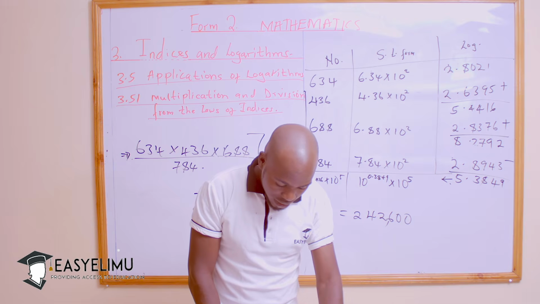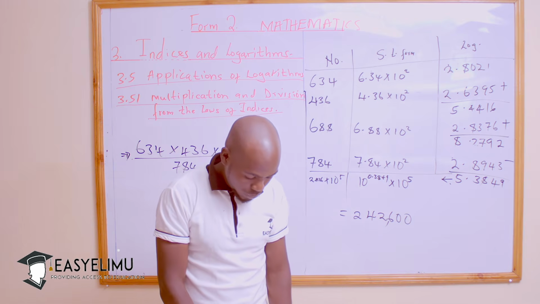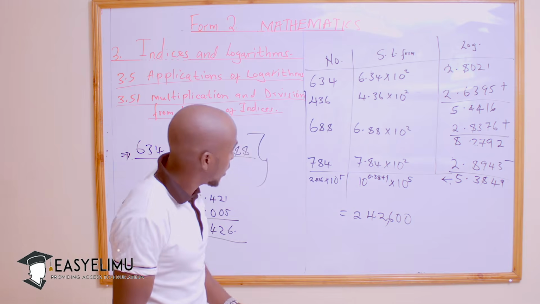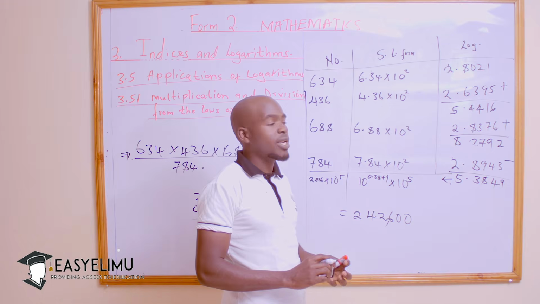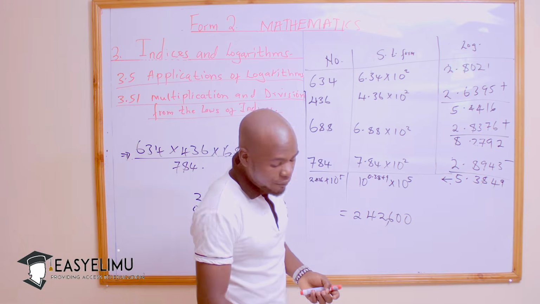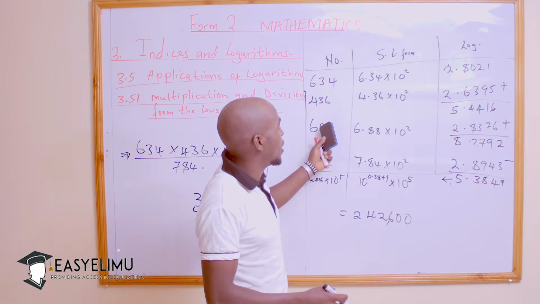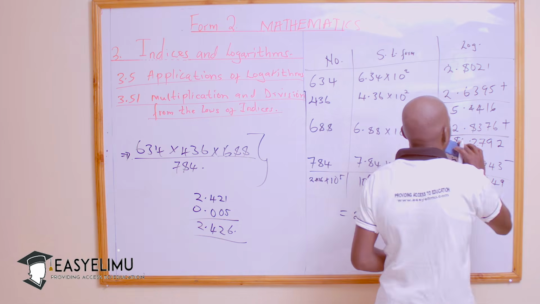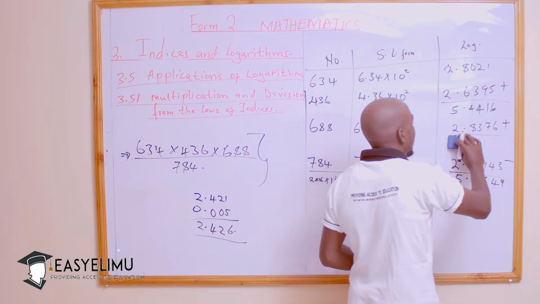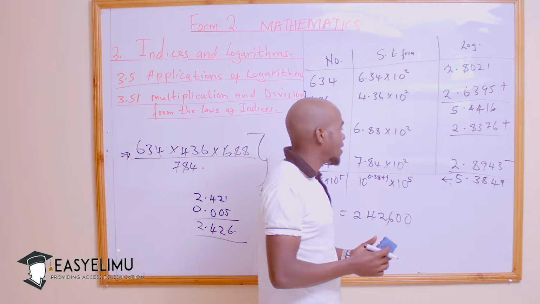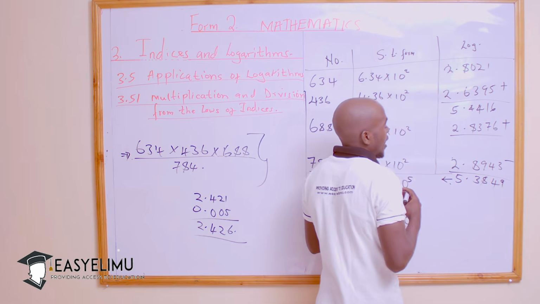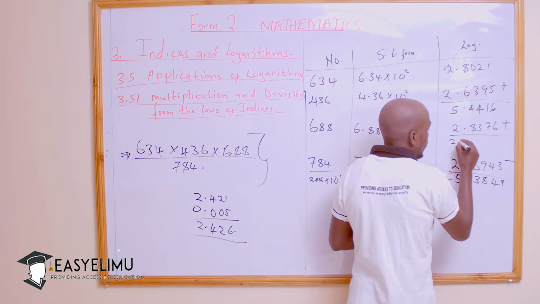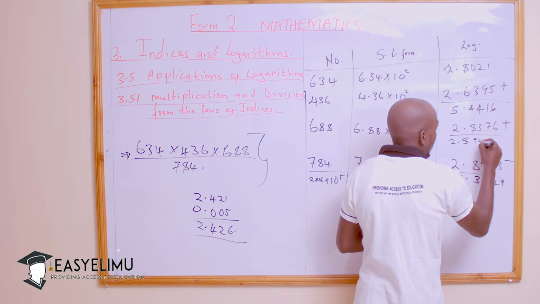May it be in bar form. For example, the bar one: you may encounter a case where, after working out the multiplication, you find that this answer is less than what you have to subtract, or the division part. For example, let's say this one was 2.8943.